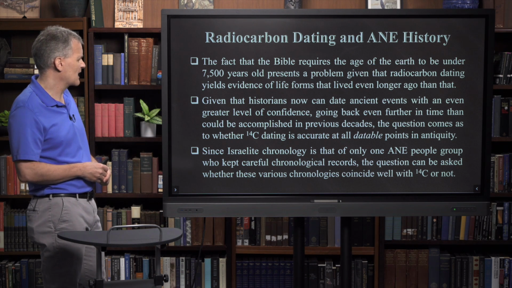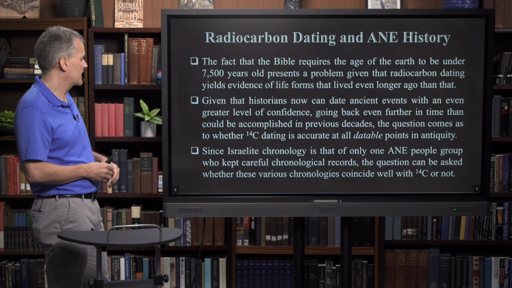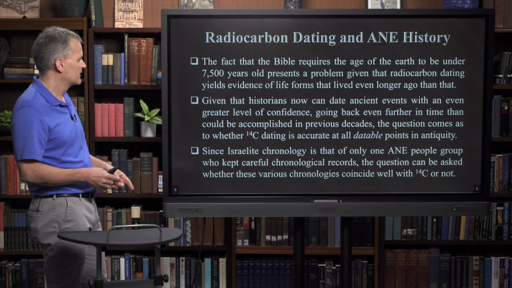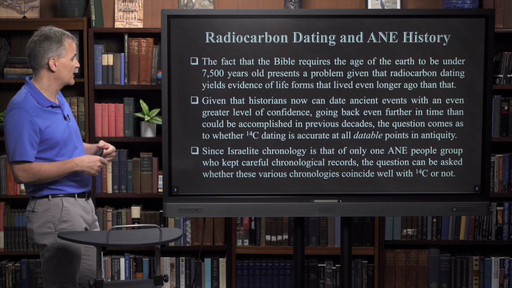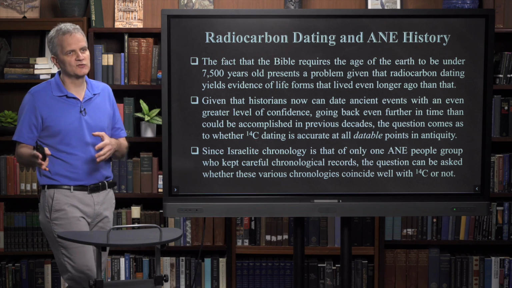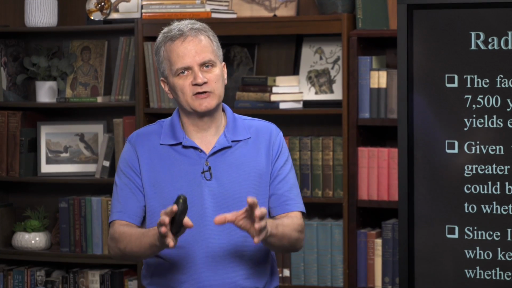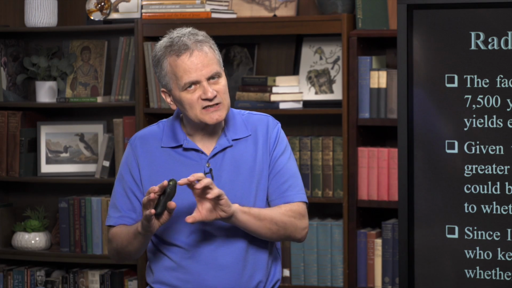Since Israelite chronology is that of only one ancient Near Eastern people group who carefully kept chronological records, the question can be asked whether these various chronologies coincide with carbon-14 evidence or not, because the Israelites were so careful in their dating and so specific in their dating.